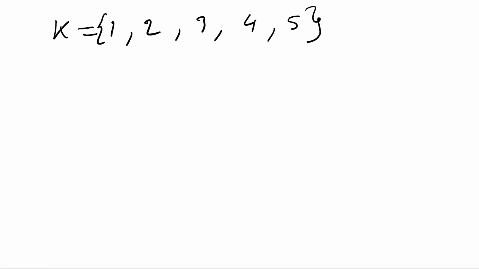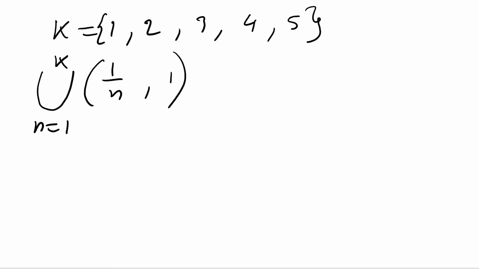Suppose I say that k is 1, 2, 3, 4, 5, and then I give you this set: the union of n equal to 1 up to k of the interval (1/n, 1].